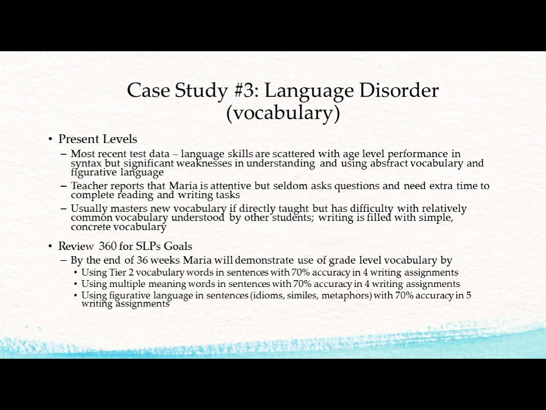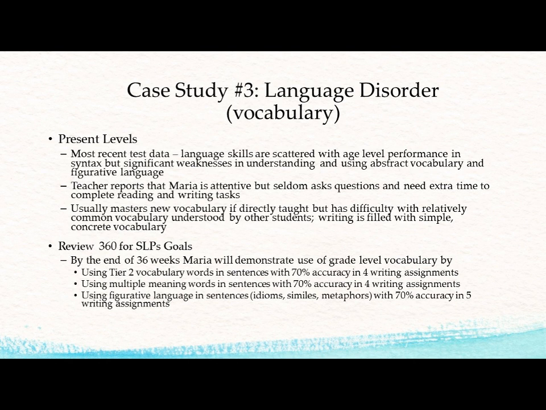Her writing is filled with simple, concrete vocabulary. So, what does that sound like to you? To me, that sounded like a lot of work at Tier 2 vocabulary, which crosses content areas and which students have not received direct instruction on because most children acquire that vocabulary developmentally as they move through the grades in school.